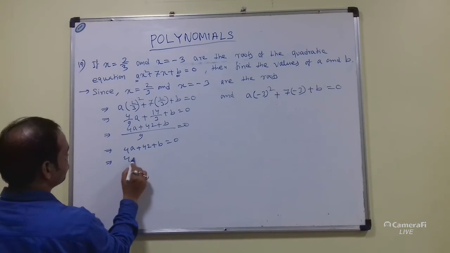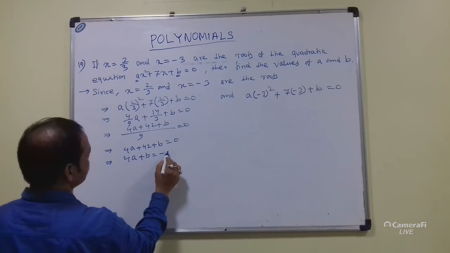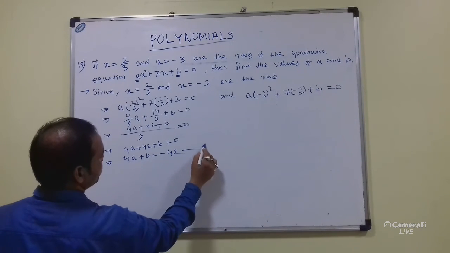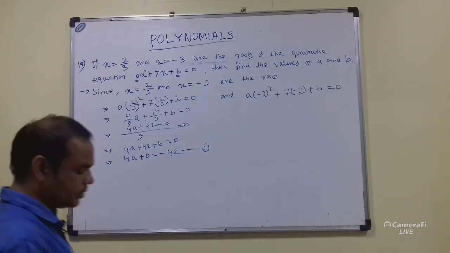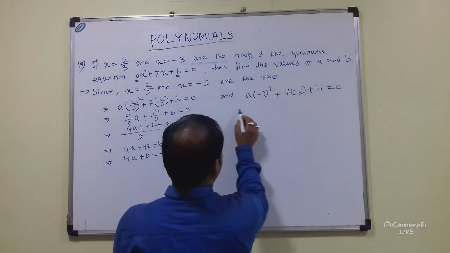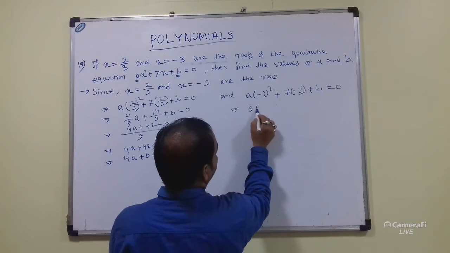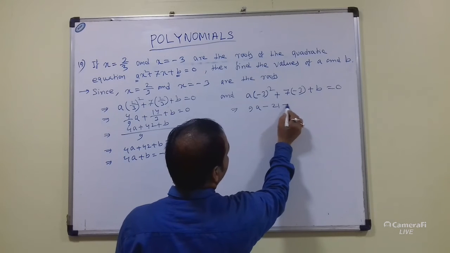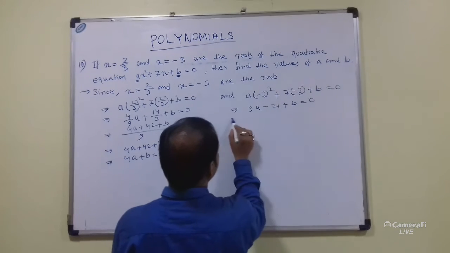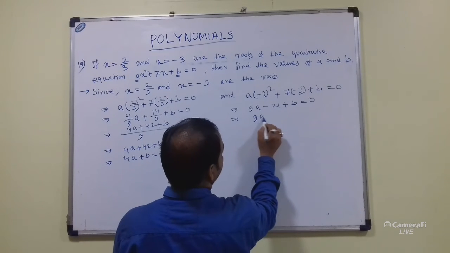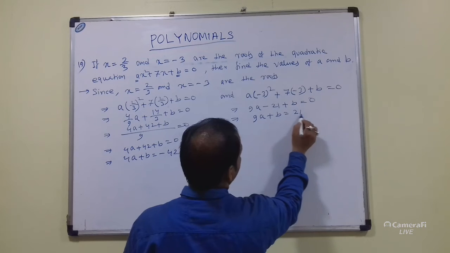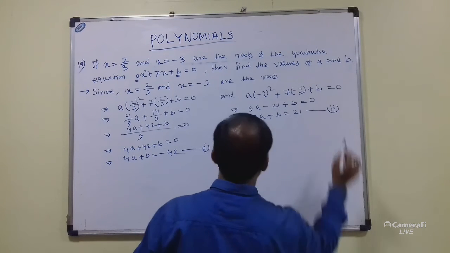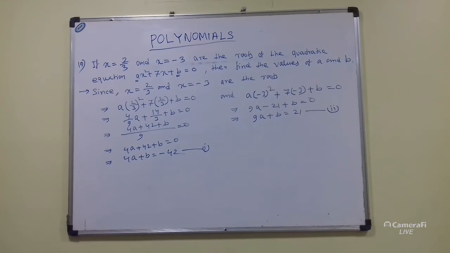This implies 4a plus b is equal to minus 42. It is equation number one. Now it is 9a minus 21 plus b is equal to 0. So this implies 9a plus b is equal to 21. It is equation number two.